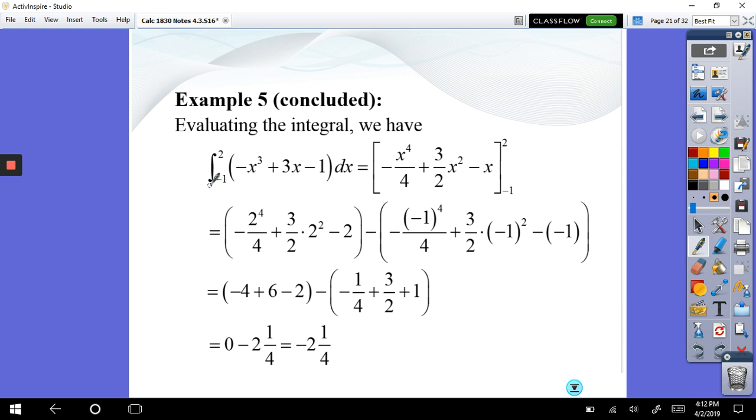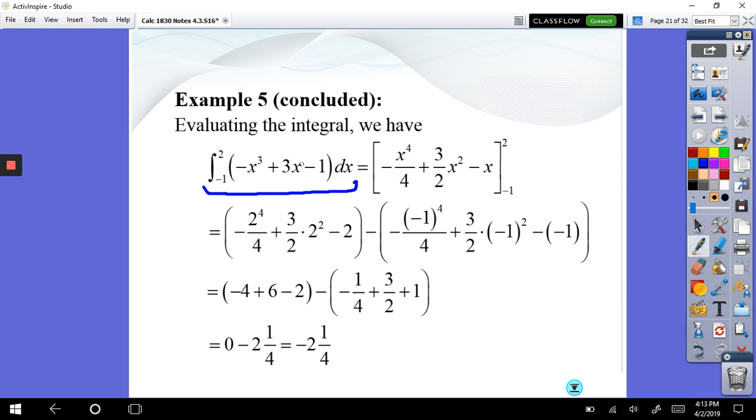So if you want to find it, well, we need to find the antiderivative of this. So add 1 to the power would be 4, divide by 4, the new power. Add 1 would be 2, divide, it's 3/2 x squared. Add an x, well, that's x to the 0, so add 1 would be x to the first, divide by 1, x.